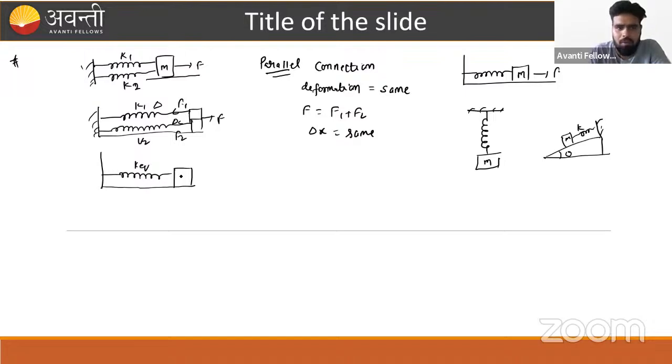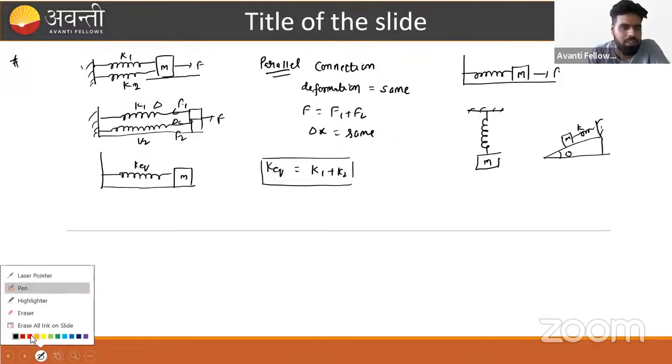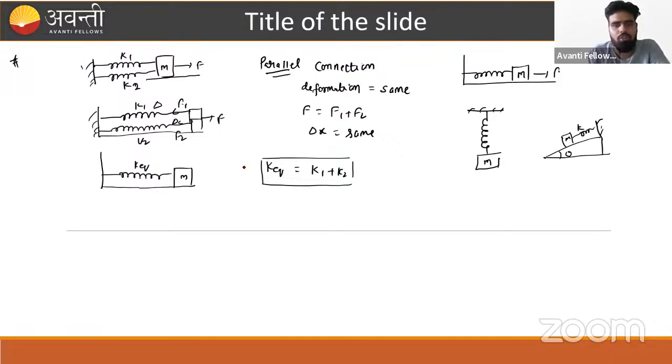Say this is K equivalent and the mass is M. And K equivalent in the parallel connection is nothing but K1 plus K2. We have to remember this formula. This formula is on our tips. I hope this is clear to everyone. JNV Kolhapur, JNV Bhavnagar, I hope this is clear.